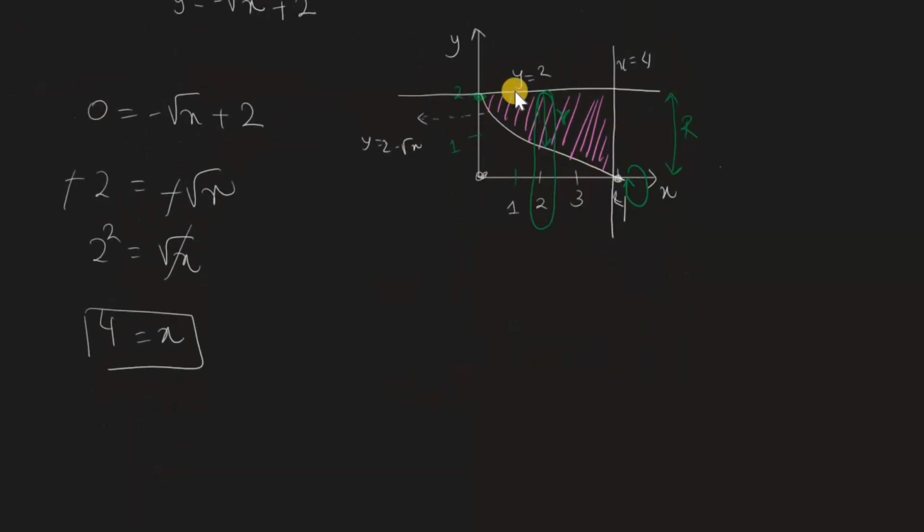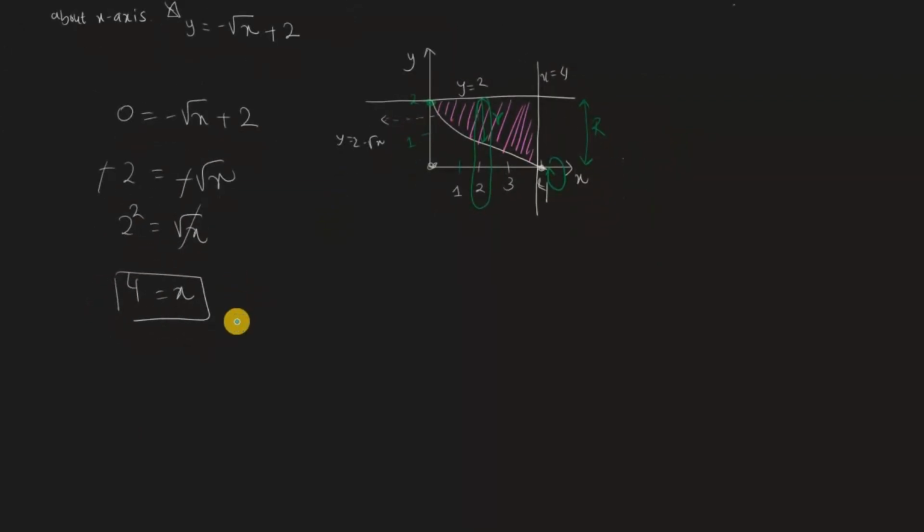Alright, so we have the outer radius over here and the inner over here. Next job is to find the volume. So volume is given by the integral from a to b of the outer radius R of x minus the inner radius.